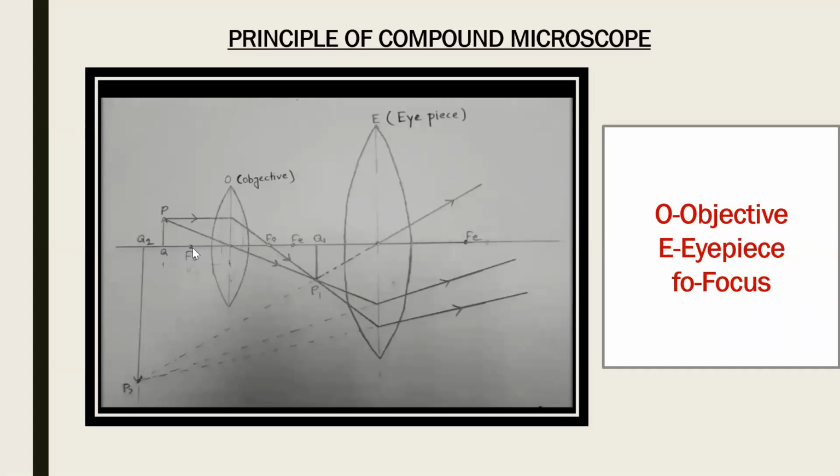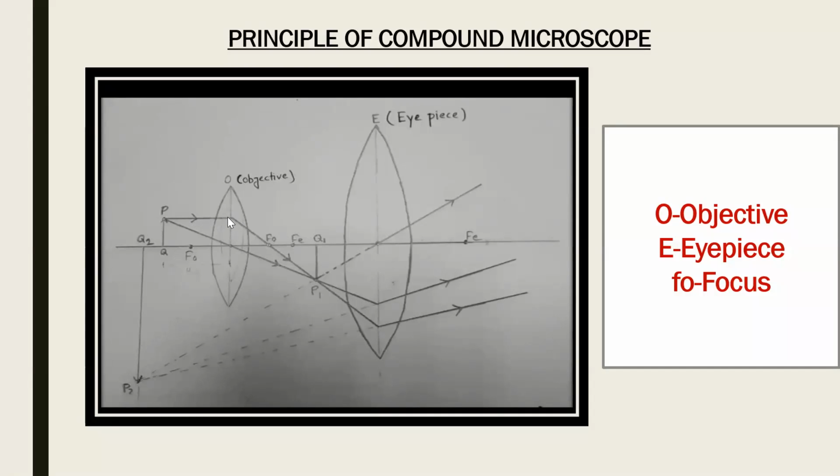So when we saw yesterday the image formed by a convex lens, when we keep an object between 2F and F, you will get a real inverted image. To form the image, they have drawn a line which is parallel to the principal axis.